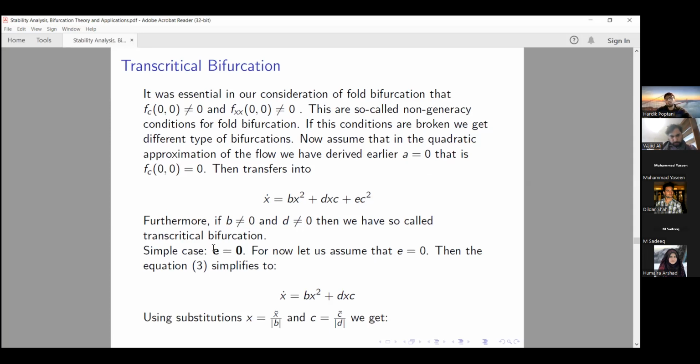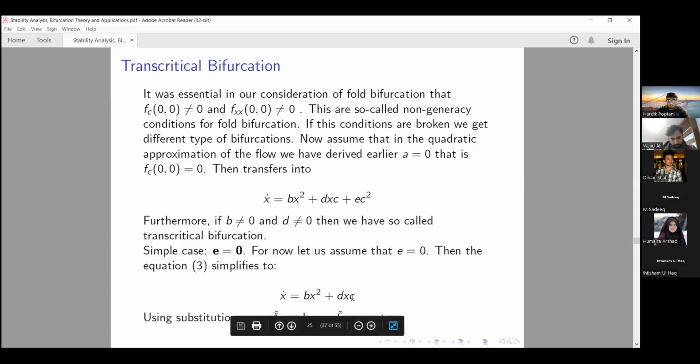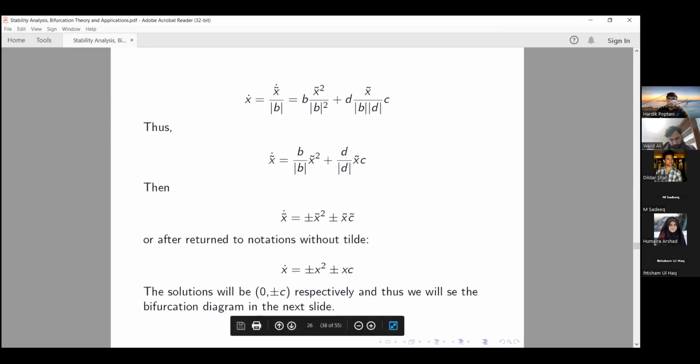In the simple case, let's assume e is equal to 0, then it simplifies to this. Using substitutions for topological equivalence, where x is equal to x tilde over b, and c is equal to c tilde over modulus of d, we get something like this, in which we can get the four cases again.